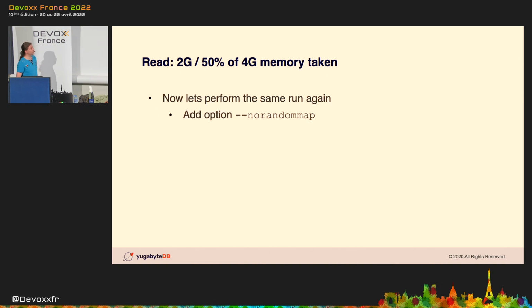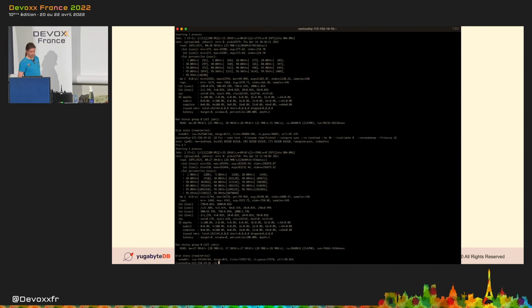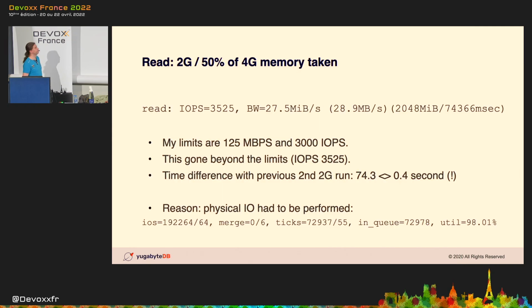The change is, and I added no random map to give it a little positivity, because otherwise I would get the same figure. So I added no random map, ran the test again, and I get this huge difference.